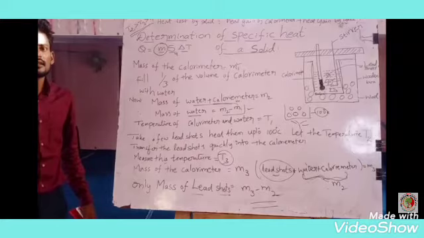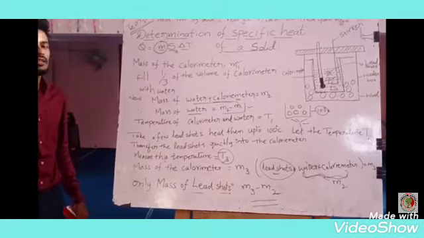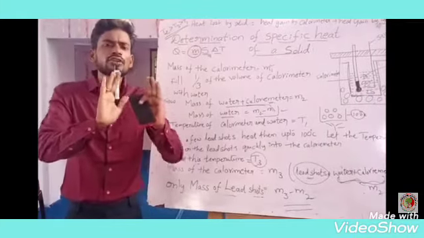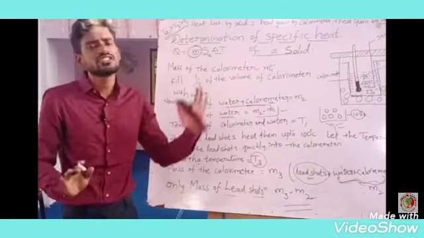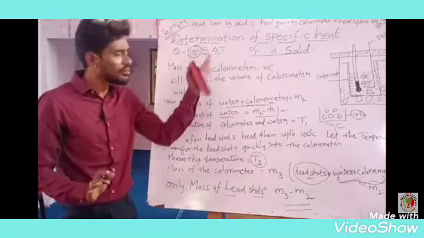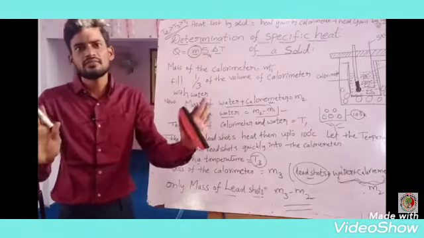Now apply the method of mixtures formula here. Do remember, students, always Q should be the product of MST. Here different masses, different temperatures, and different specific heats are there. You have to substitute. That's enough.